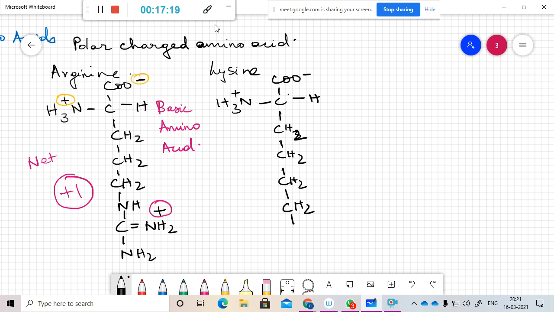Then you have NH3 plus. So this and this balance, and you also have a net positive charge. This is a basic amino acid. These are positively charged amino acids.